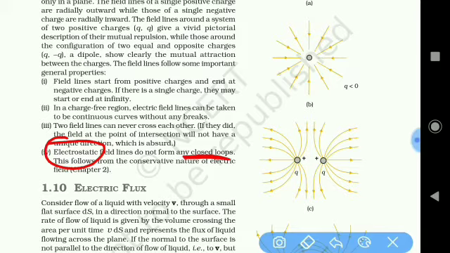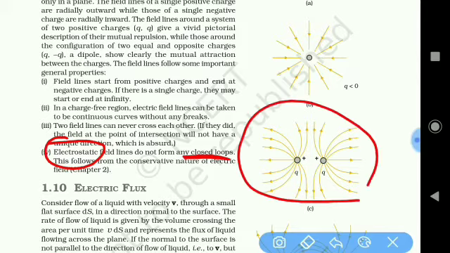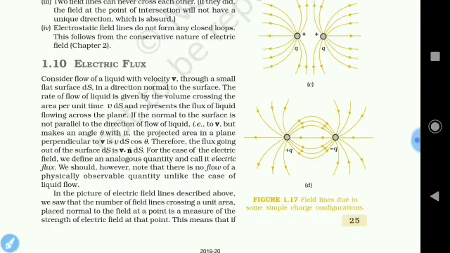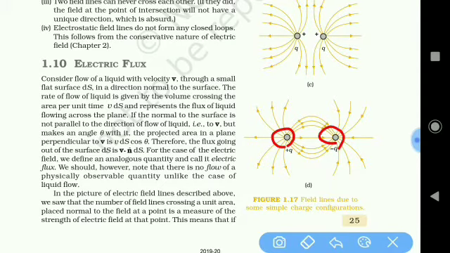You can see the same thing here, that no two field lines they intersect or cross each other. They start from positive only. Here you can see both the charges are positive, so they are starting from the positive. But if one is positive and the other is negative, then it will start from positive and end in negative.